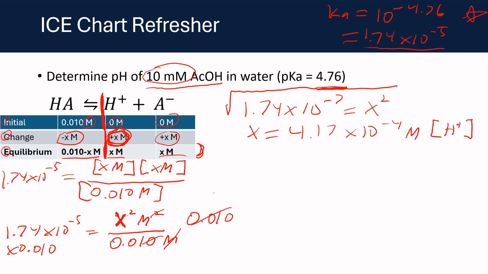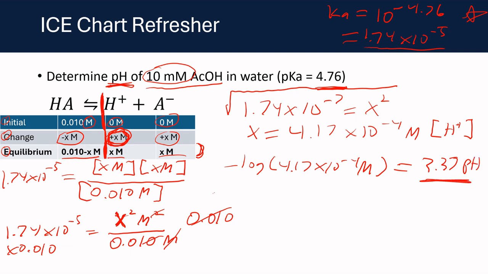Now that we have the concentration of hydronium, we can convert that to the pH, which is what we've been after this whole time, by using negative log of 4.17 times 10 to the negative 4 molar equals 3.37 pH units. That is the answer.